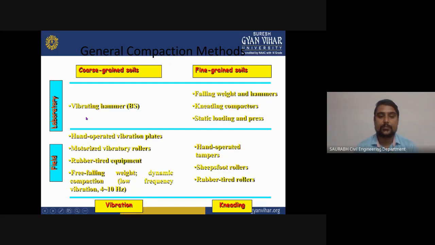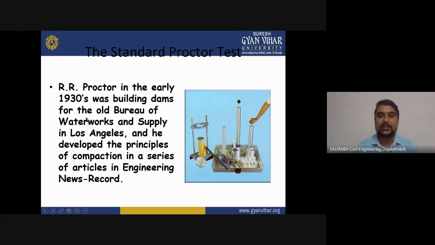In the field we use hand operated vibrator plates, motorized vibrator rollers, rubber tire equipment, free falling weight, compaction vibration, and dynamic frequency, and a hand operated tamper can also be used. Sheepsfoot roller and rubber tire roller are also used for soil compaction. Then the standard Proctor test.